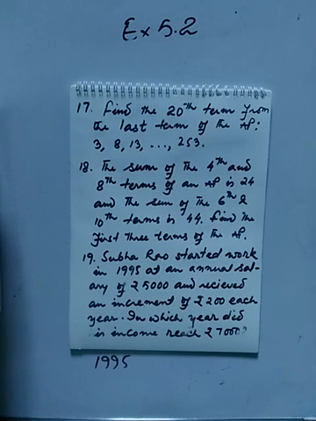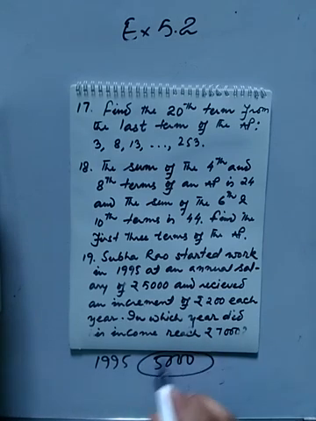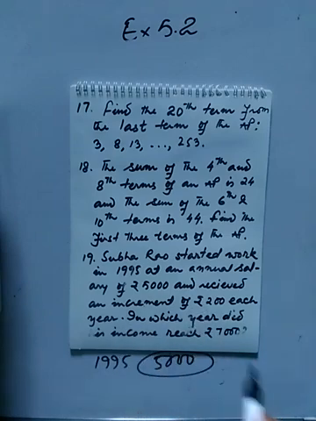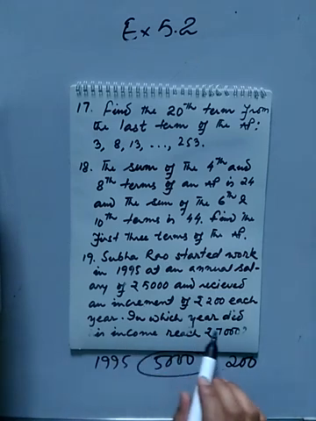For 1 year, his salary was rupees 5,000. This is the annual salary for 1 year, and he received an increment of rupees 200 each year. So every year his salary will be increased by 200. So increment is 200. So in which year did his income reach rupees 7,000?